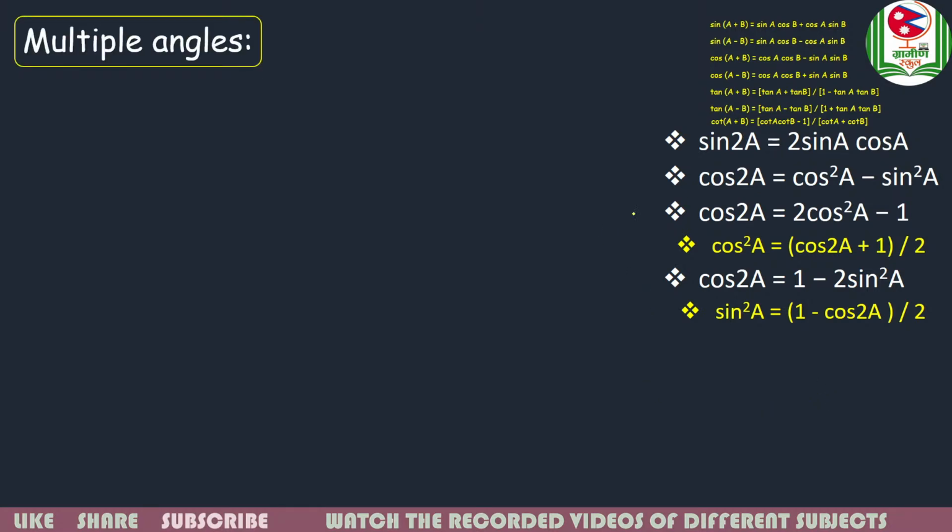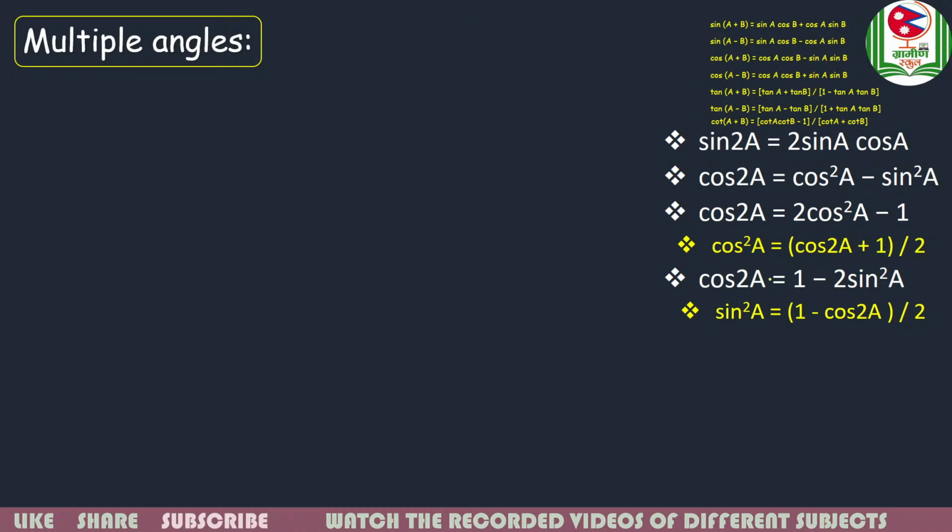Here in multiple angles, we will find sin 2A, and the formula is 2 sin A cos A. Then cos 2A equals cos square A minus sin square A, and cos 2A equals 2 cos square A minus 1. This can be rearranged to give cos square A equals (1 plus cos 2A) divided by 2.